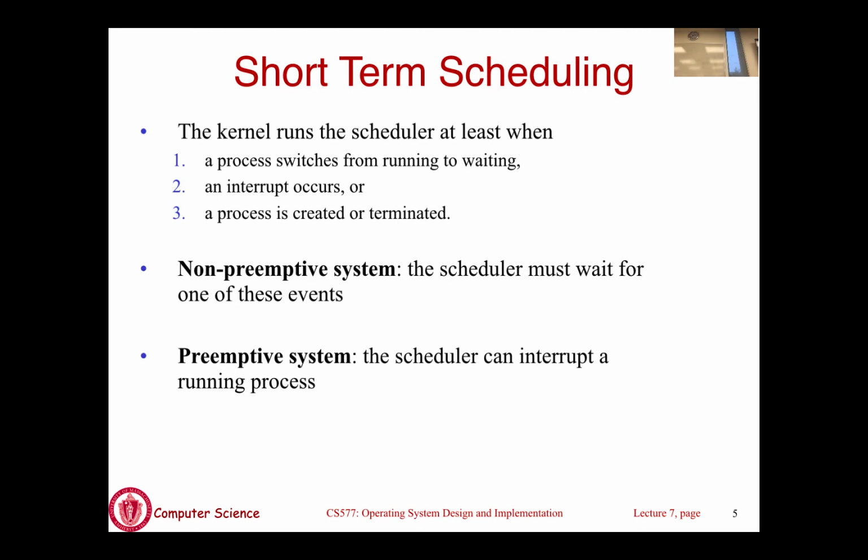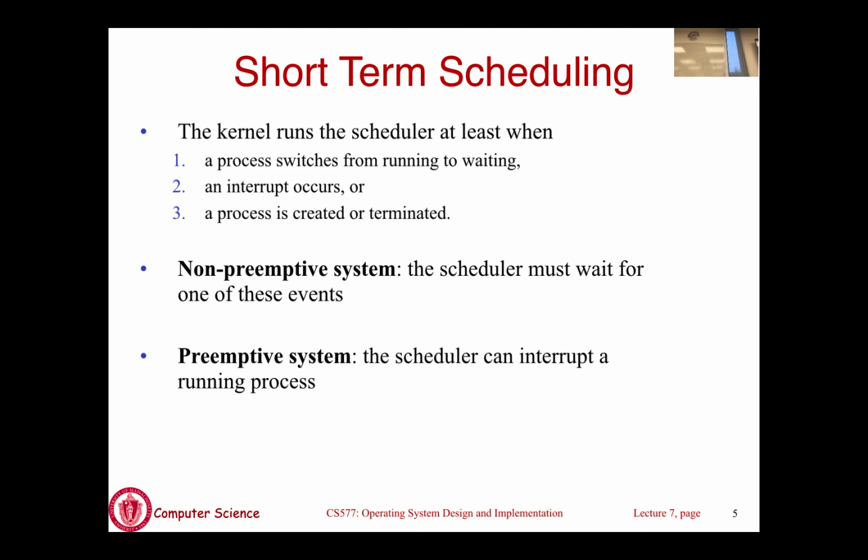Most schedulers you see are not non-preemptive, they fall in the preemptive category, and as the name suggests, a preemptive system is one where the CPU scheduler, or the OS, can interrupt that process. This is used in the context of what is called quantum based scheduling.